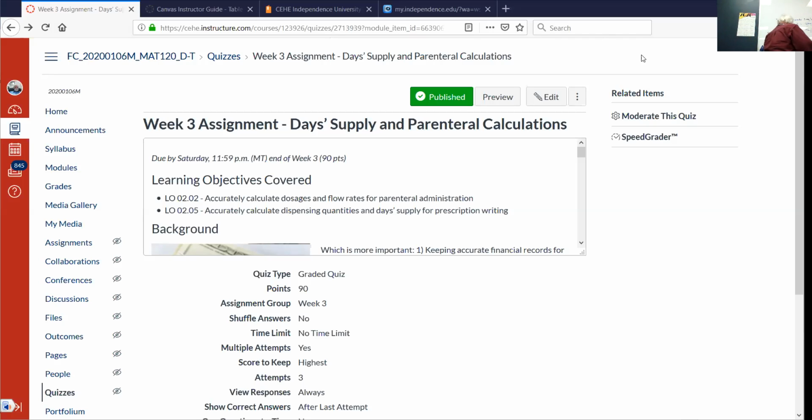So now D has to become 5 milligrams per minute times 60 minutes per hour. Minutes cancel out and we get 300 milligrams per hour.